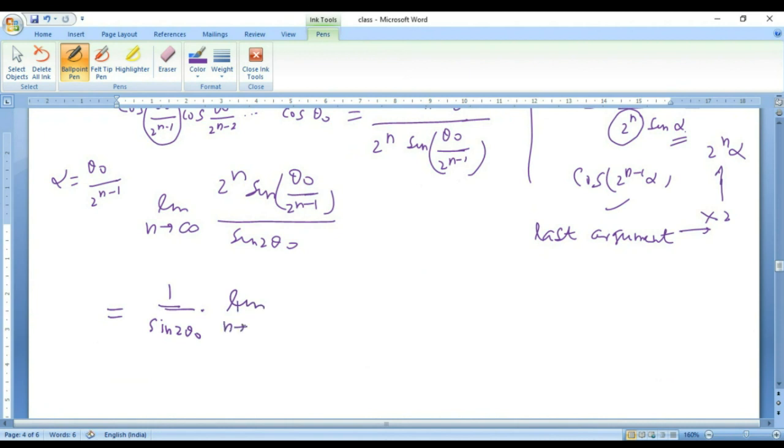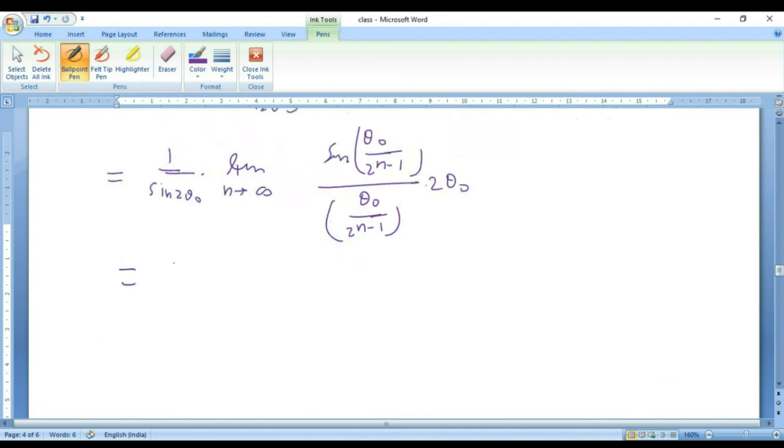And limit n tends to infinity, this should be written as sine of theta naught over 2 to the power n minus 1. That is your sine t, which tends to 0, upon theta naught over 2 to the power n minus 1. And this theta naught is extra, so I can write theta naught, and we have got a 2 over here because this was 2 to the power n.